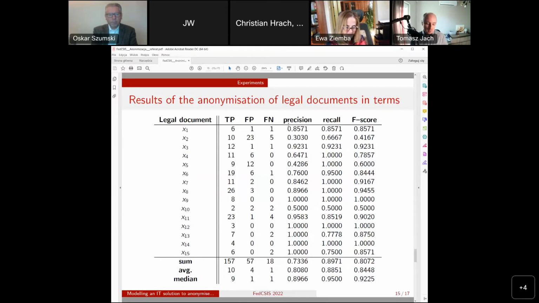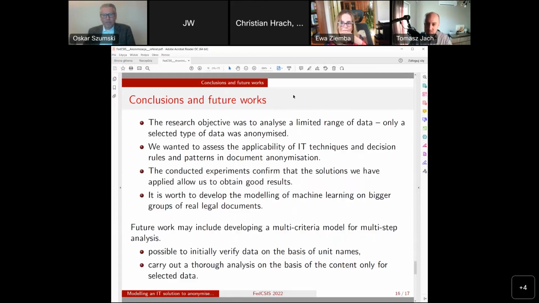Of course, most of the law firms prefer to anonymize something more, and not to leave out, for instance, the personal identification number that should be anonymized, because that's a breach of confidentiality.